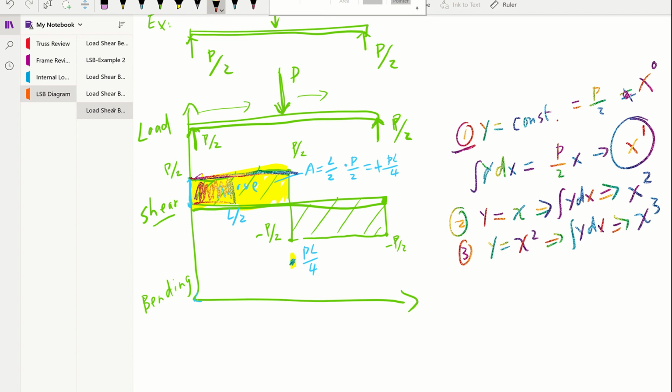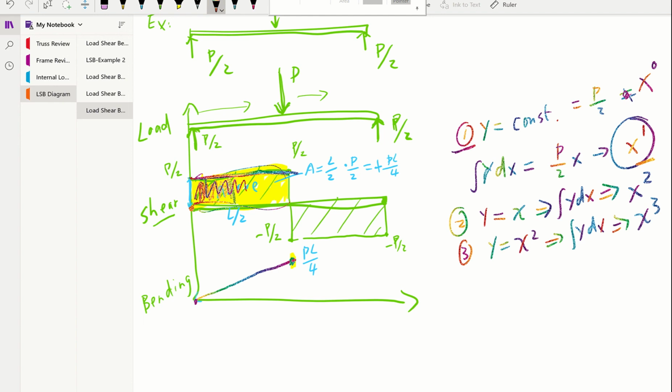Then, knowing this endpoint is PL over 4, after you integrate this entire highlighted area, when you start integrating here, that's going to be 0, right? When you start to integrate more and more, this value increases linearly as a power of 1 to this value.